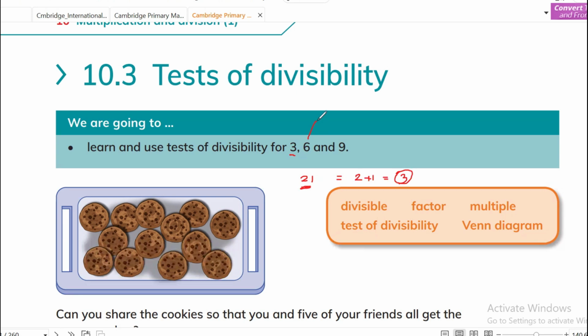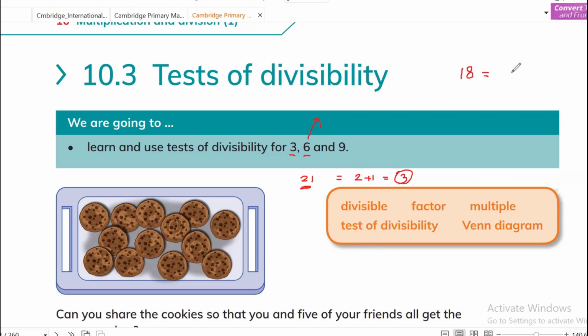For the case of 6, the number is divisible by 6 if that number is divisible by 3 as well as it ends with an even number, or it is divisible by 2 as well. So for example, a number which is divisible by 6 and 3, we can think about 18.